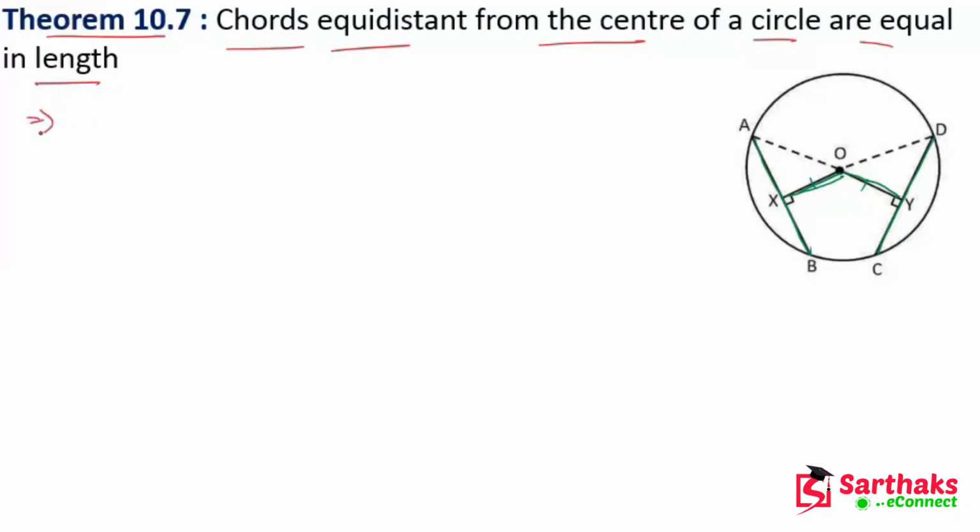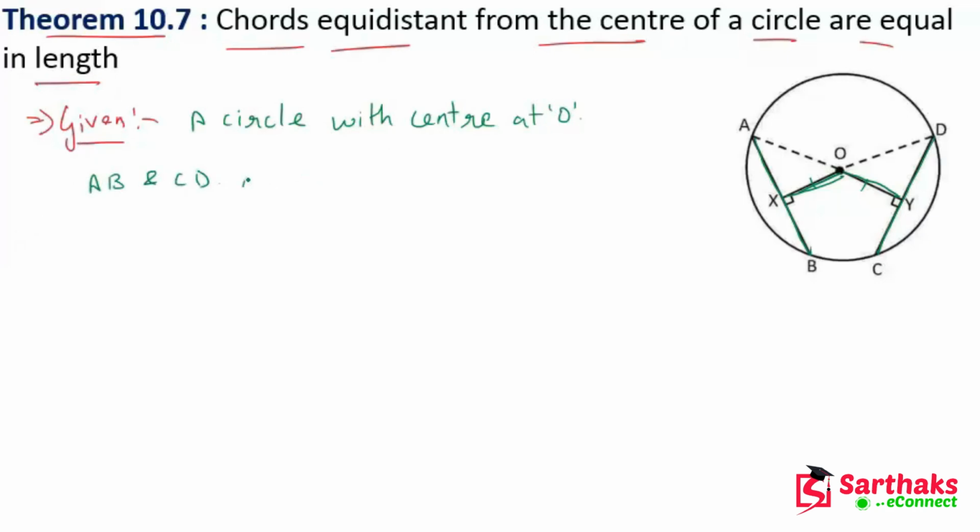First of all, we write the given part. We have a circle with center at O, and AB and CD are two chords of the circle.